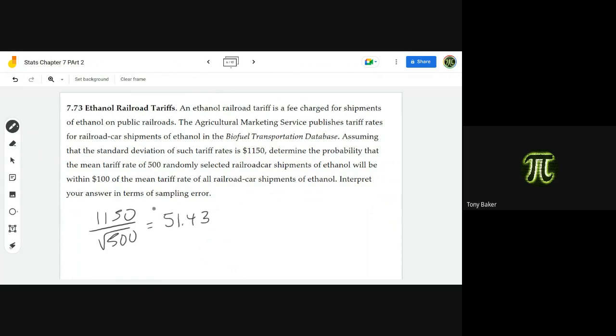Okay, so that's my new standard deviation. Now we're looking for the sample error, which in essence is another way to say what's the percentage of chance that I got it right or wrong. So what do I have to do next?